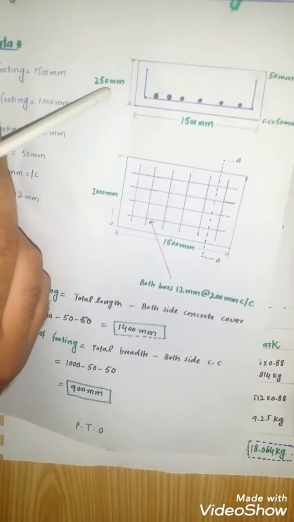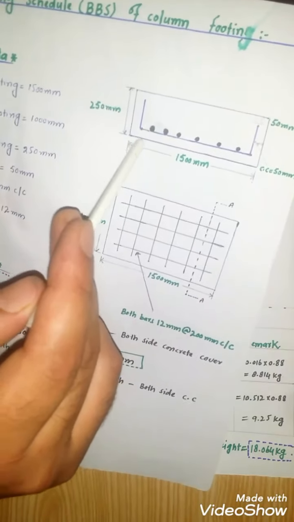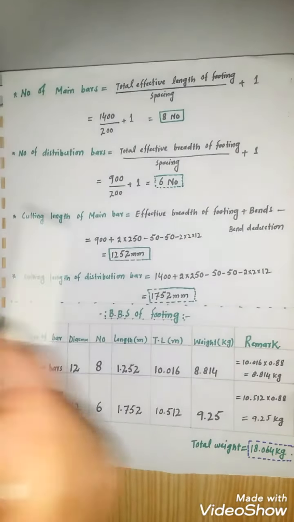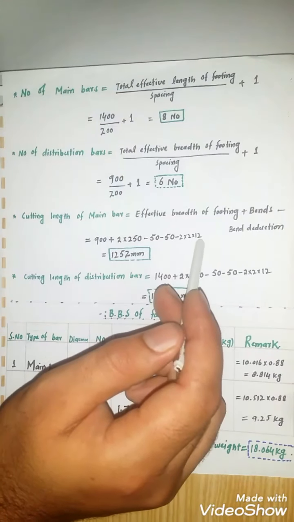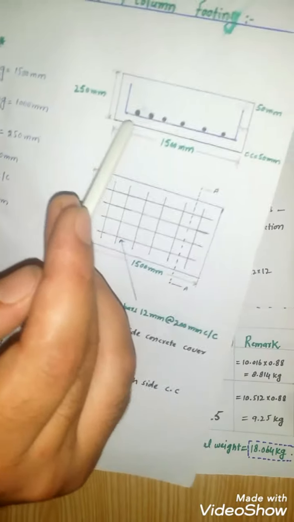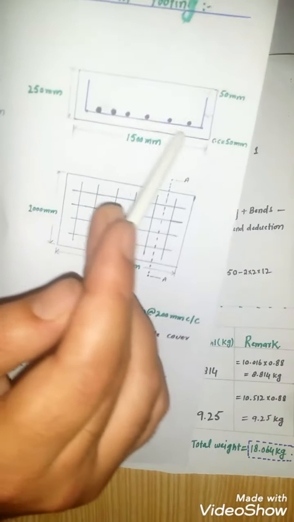Multiply by 250 because the depth of the footing is 250 millimeter, minus 50 concrete cover from this side and 50 millimeter concrete cover from this side, minus 2 multiplied by 2 multiplied by 12. This is the bend deduction because the bends are 1 and 2.